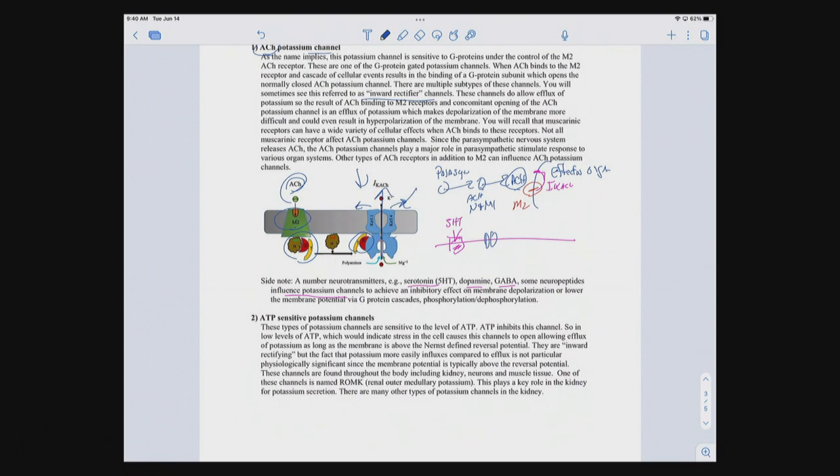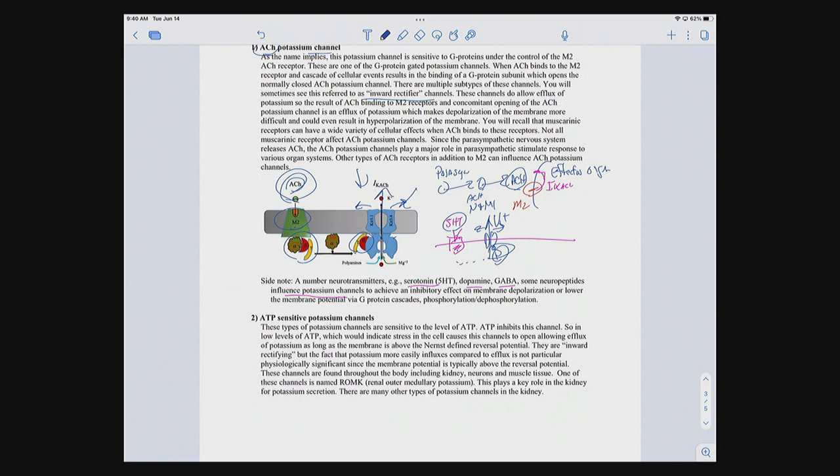It has some other funky name I'm not going to worry about. I'm just making an example here. When serotonin binds to this receptor, cellular processes go on, and this actually will end up phosphorylating this channel. When it phosphorylates it, that is going to open the channel up and allow potassium to efflux. So here's an example where we're talking about phosphorylation versus non-phosphorylation.